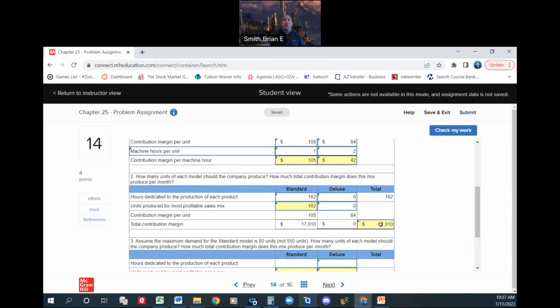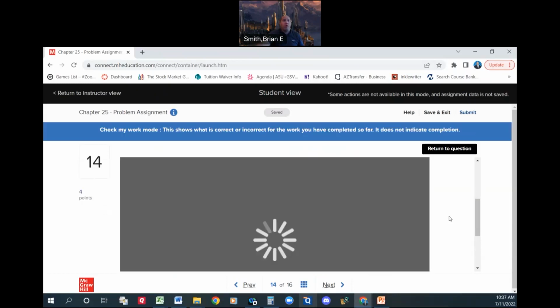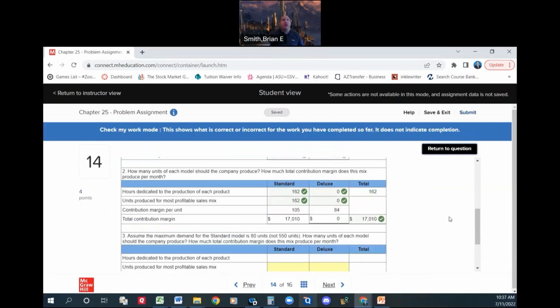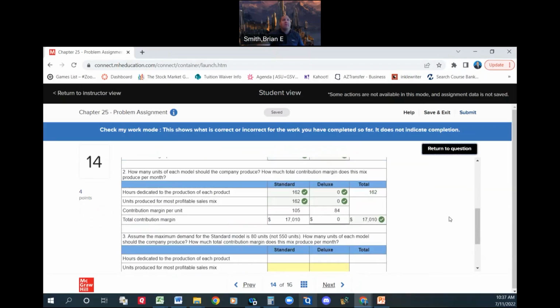I'm thinking that's the right way. Let's check this out. So what I've done is basically I took the total number of hours and dedicated all to our standard because it's our most profitable unit. Ah, there it is. Okay. All right. That makes more sense.